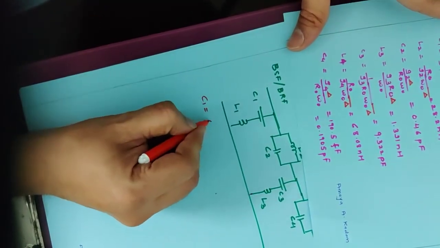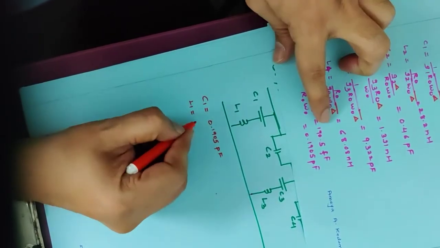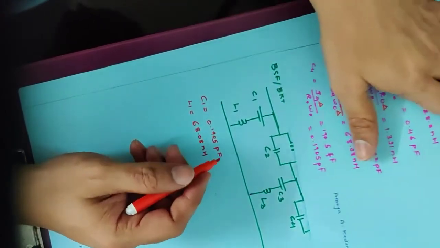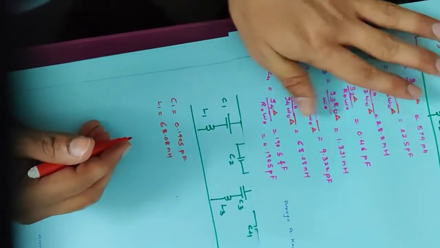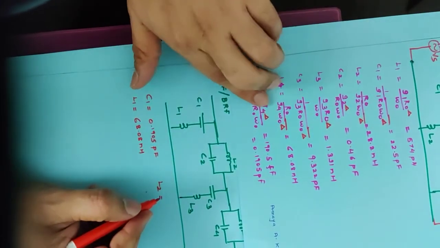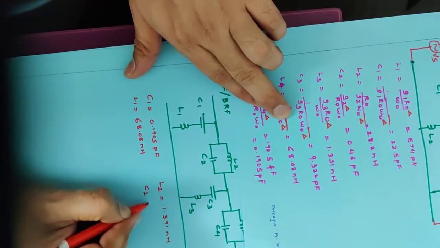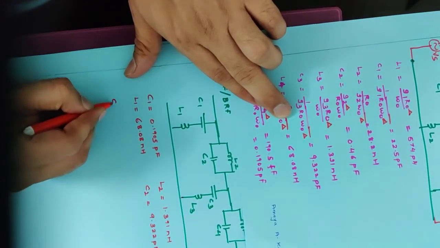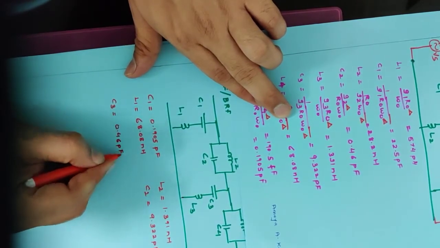C1 will be 0.1905 picofarad. L1 will become 68.08 nanohenry. Then L2 will be similar to L3 in this case, so L2 will be 1.391 nanohenry. C2 will be 9.322 picofarad. C3 will be 0.46 picofarad.